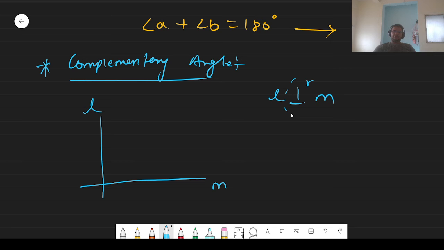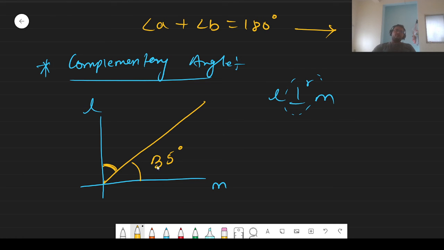This is the sign of perpendicular, just a short form. So L and M are perpendicular, and there is another line passing through it, and this angle is given, let's say 35 degrees. So what will be this angle? Can anyone tell me?